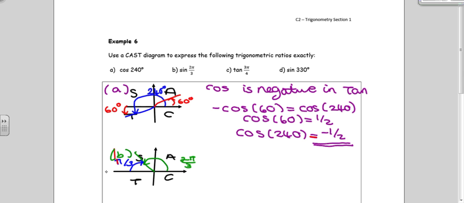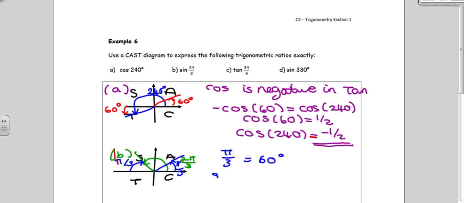here, which is pi. So we know that sine is positive in sine, so that means it's also going to be positive in A for all. So if we have pi over 3 this way, and of course pi over 3 is equal to 60 degrees.